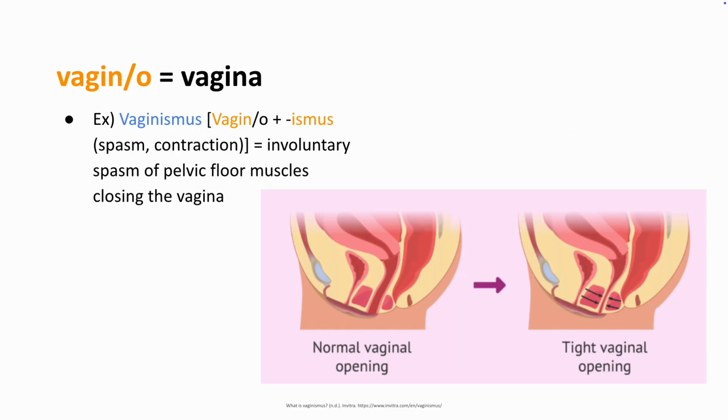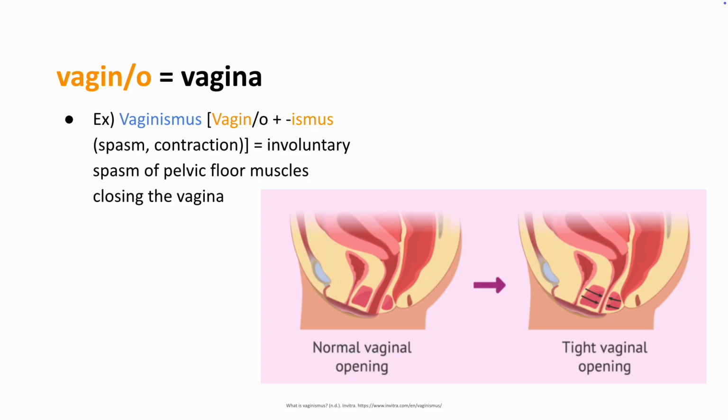Vagino is a combining form that means vagina. So both colpo and vagino refer to vagina. One example is vaginismus, which is combining form vagino plus suffix ismus, which is a suffix that means spasm or contraction, more like a spasm usually.